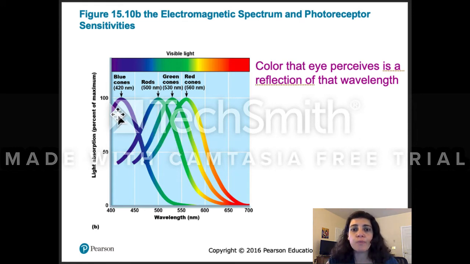So for example, blue cones can see only wavelengths that are around 420 nanometers. Rods are here, you see, in between blue, red, and green, green and red. Greens have a bigger wavelength and red even bigger according to the spectrum of light, right?